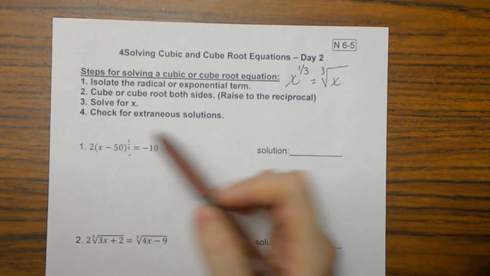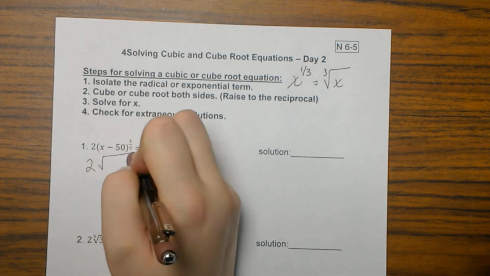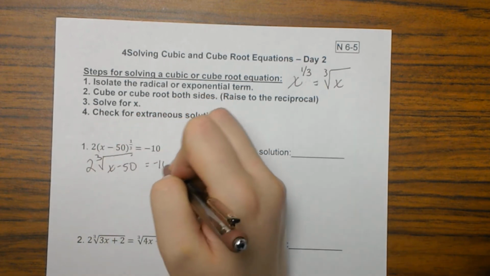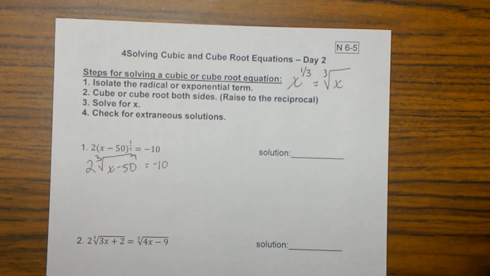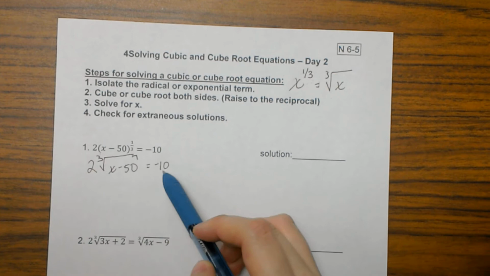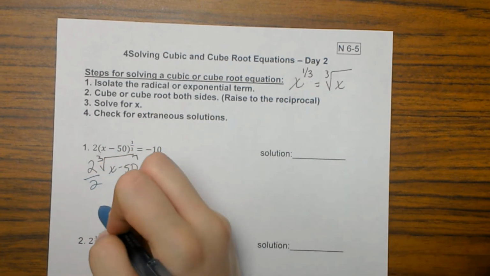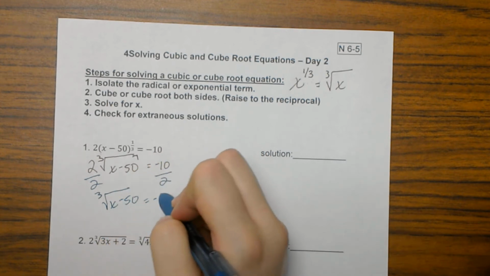So the first one, it's not isolated, and I'm going to rewrite it. And then 2 times the cube root gives me -10, so I'm going to divide by 2. So the cube root gives me -5.